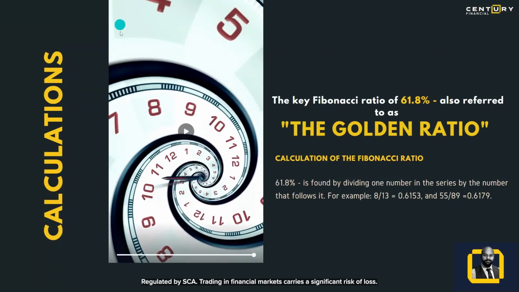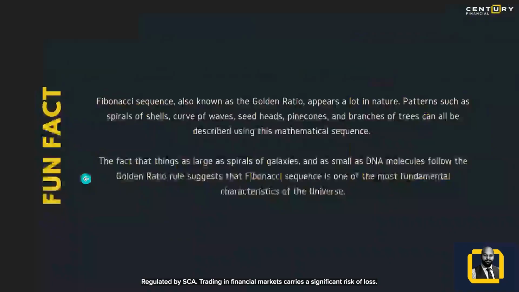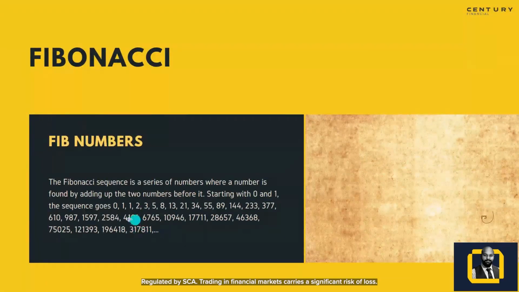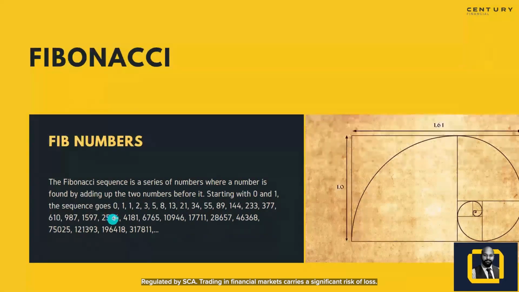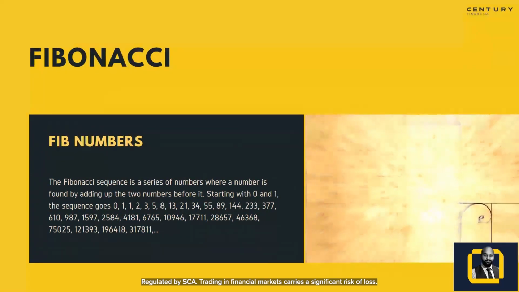The reason being, if you take any number from the series that we just saw, let's say 2584 divided by 4181. So you take any number and divide it by its following number, multiply it by 100, you should get 61.8.